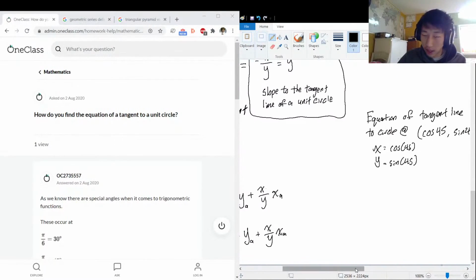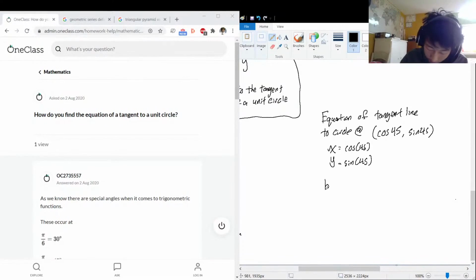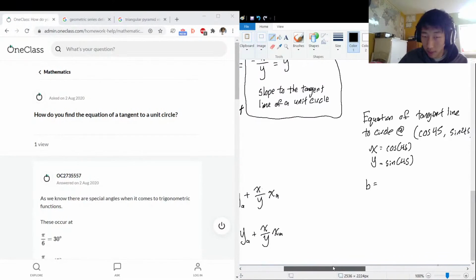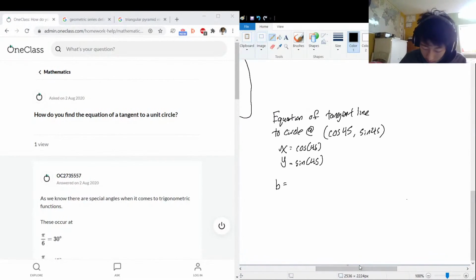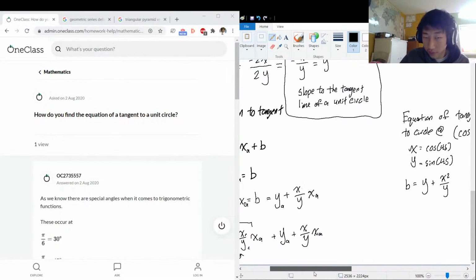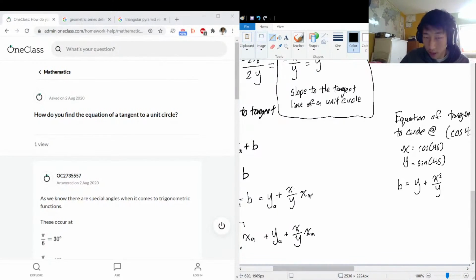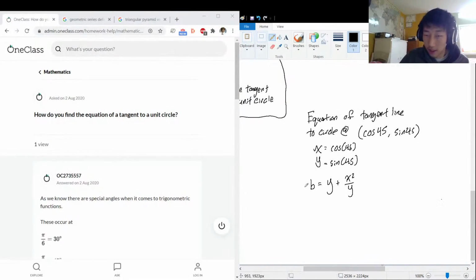So we know that we're looking for the b, and that is equal to y plus x squared over y. We're actually going to compress the x_a and the regular x because we're going to take these points into consideration for calculating the point.